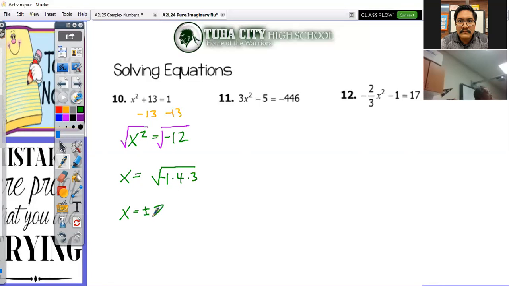Take the square root of 4, we get 2. Square root of negative 1, we get i. And 3 stays in there, so we can't do anything about that. So just go ahead and leave it in there for now. And it looks like we are done with that one.